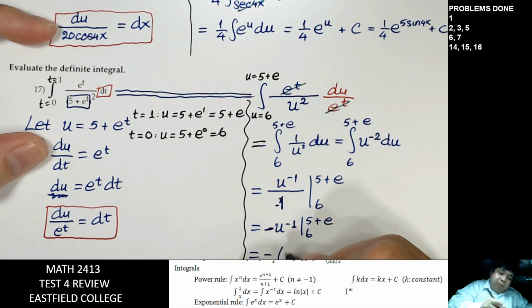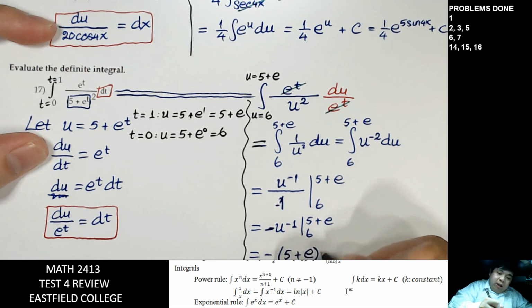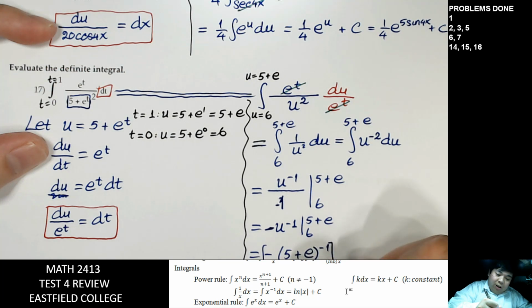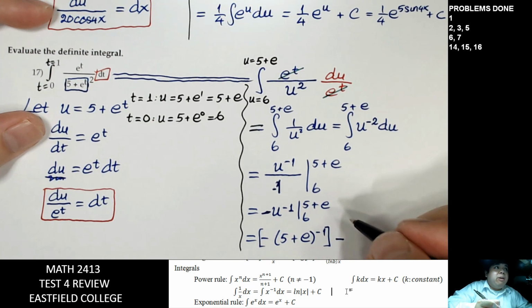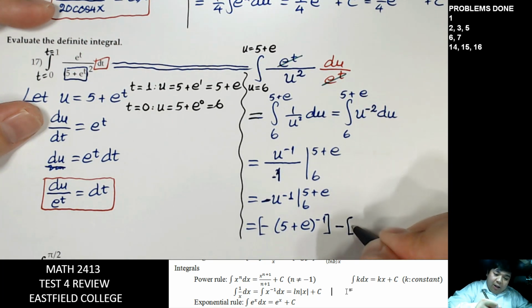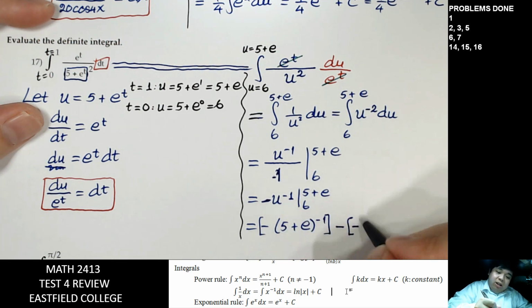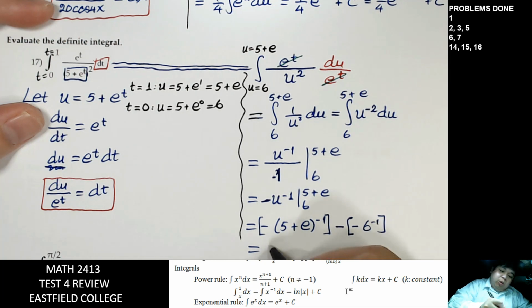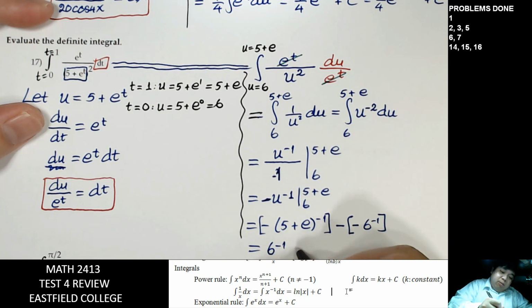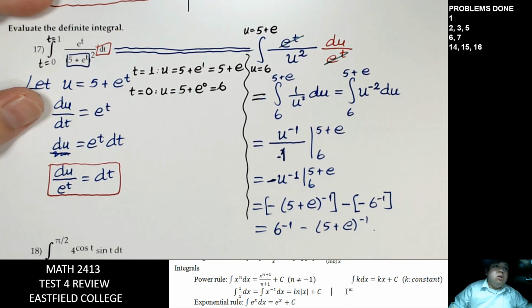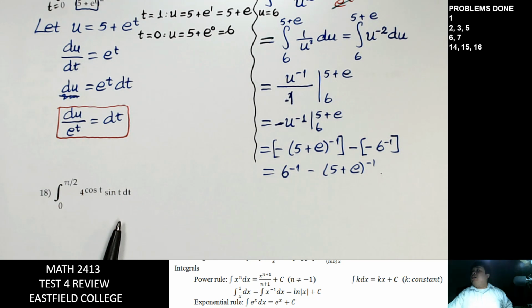So negative 5 plus e to the negative 1, that is the first one. And then minus negative, and then we're going to put 6 in it. So simplify this, we have 6 to the negative 1, or 1 over 6, and then minus 5 plus e to the negative 1. So it's going to be that.